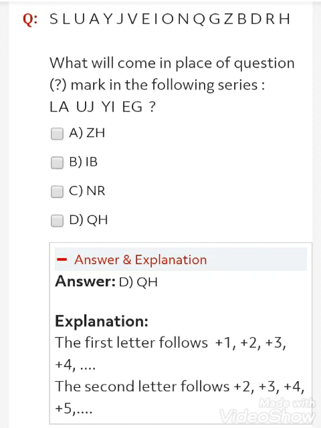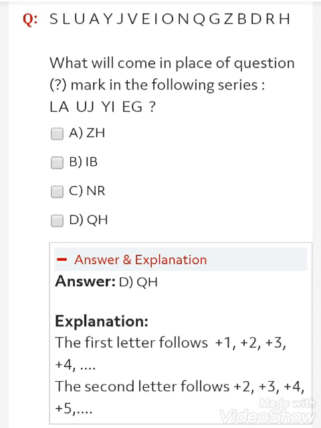These are all the letters you can see. What will come in the place of the question mark in the following series? So in the following series you can see there is a question mark. The series is LAUGYIEG question mark.